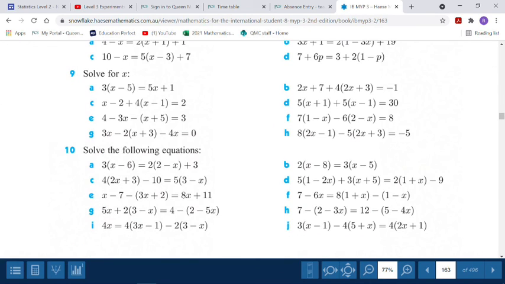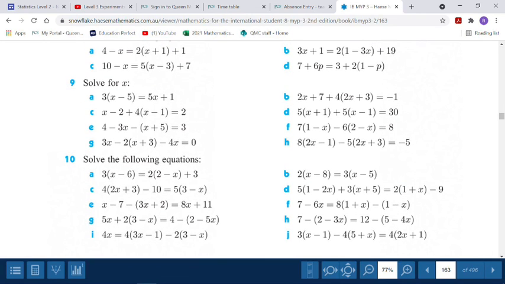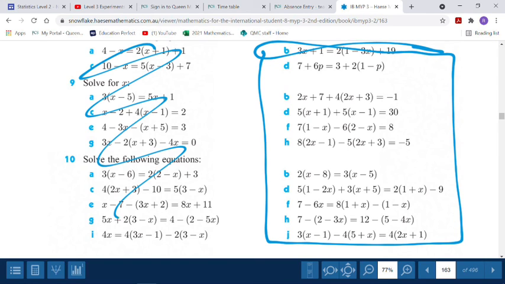Now, to continue the practice, on the others, I want you to do the second column. So this side. Do you see that? Don't do these, but do these on this side. That'll give you plenty of practice, plenty to work on. So page 163, 5 through 10.